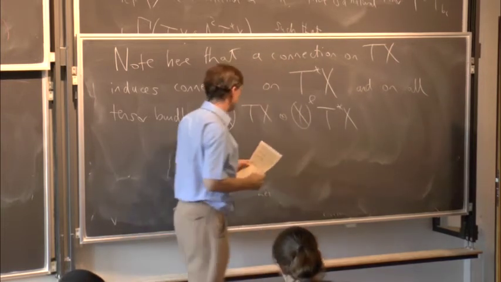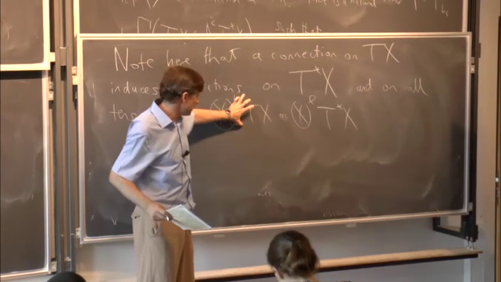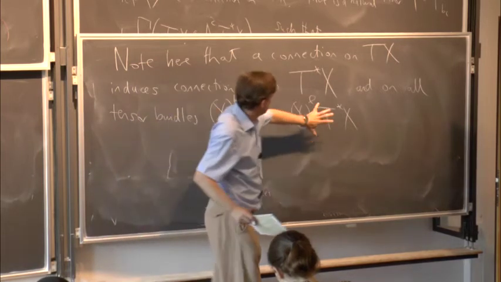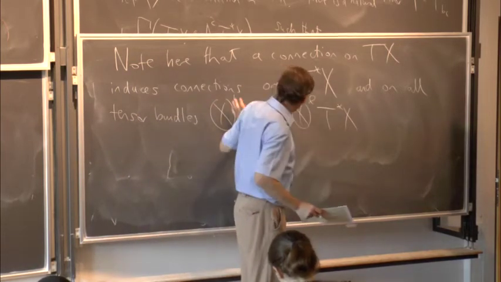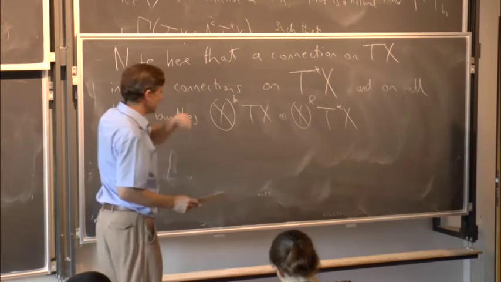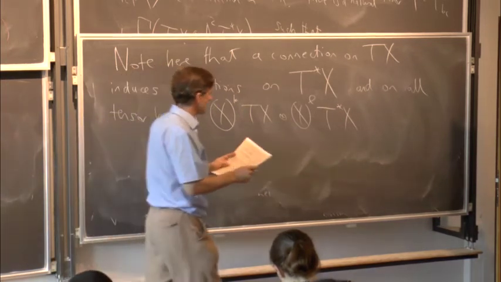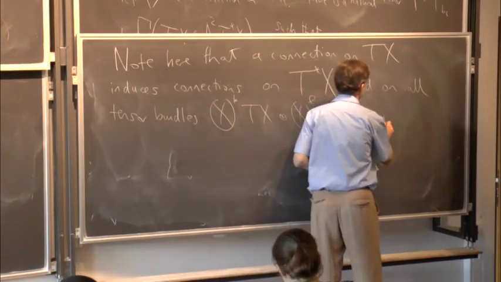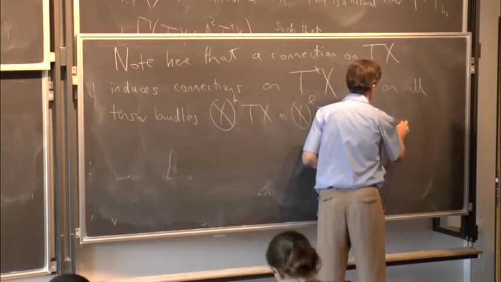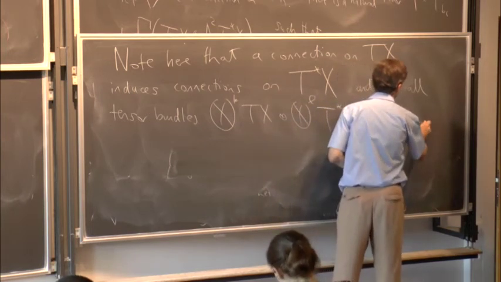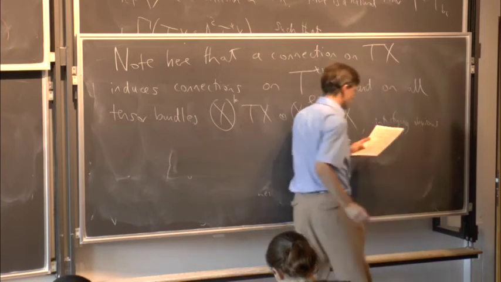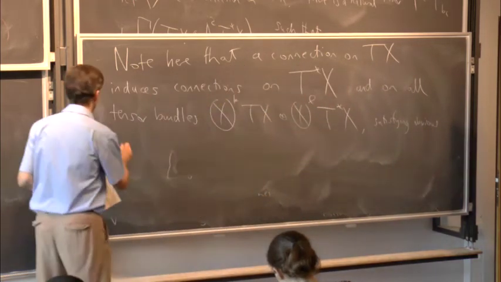So you can tensor together as many copies as you like of the tangent bundle and as many copies as you like of the cotangent bundle. You get a connection on these vector bundles as well, satisfying obvious product rule conditions.